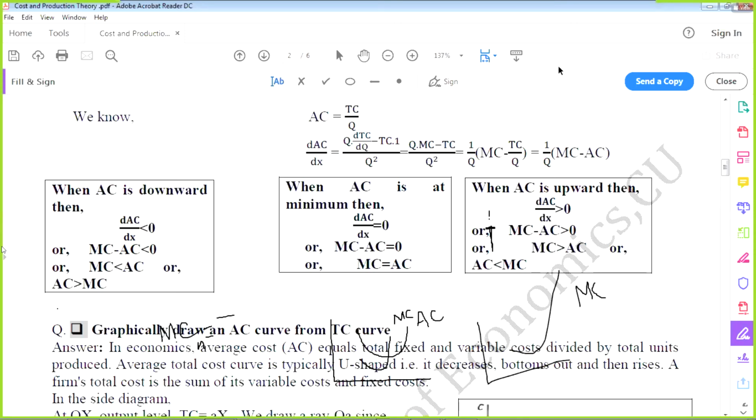Again, okay, this is the quotient rule. For example, if it is Q by A, and you want to take the differentiation of it, the denominator will be squared. Then you will differentiate the numerator part, d by dq or dx, whatever you differentiate.